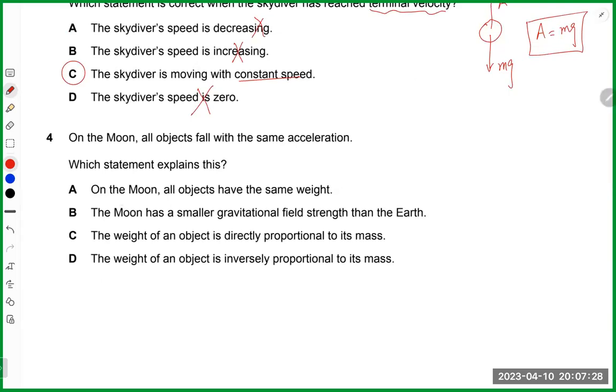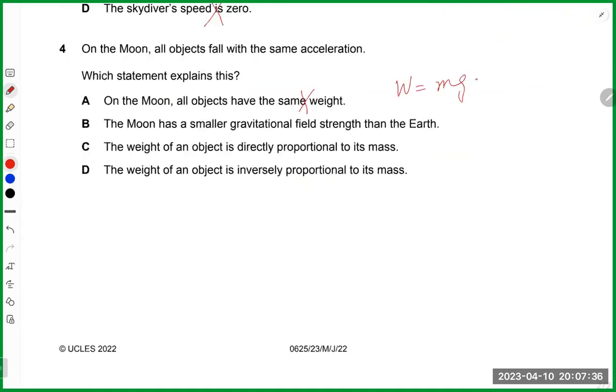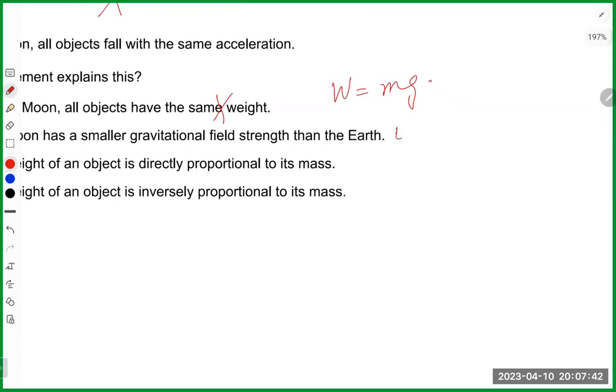On moon, all objects are falling with the same acceleration. Which statement is correct? On moon, all objects have same weight. No. Weight equals mg. The moon has a smaller gravitational field strength than on Earth. True, but not the reason. This is irrelevant. We cannot say it is a wrong statement. It is a right statement. Gravitational acceleration or gravitational field strength on moon is less than on Earth, but that is not the reason for all objects falling with the same acceleration.